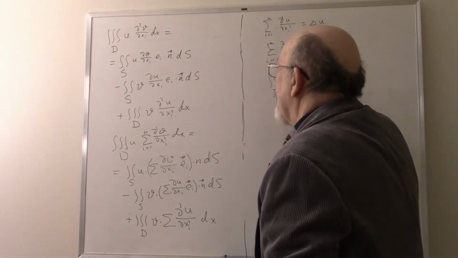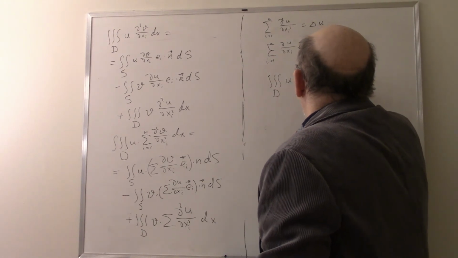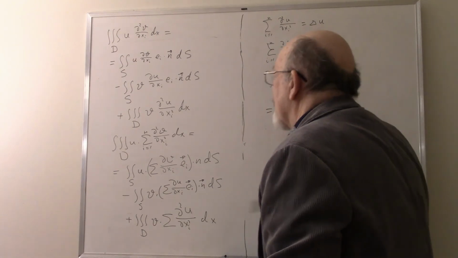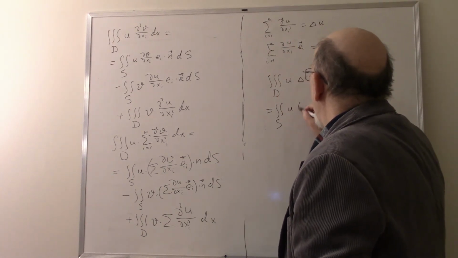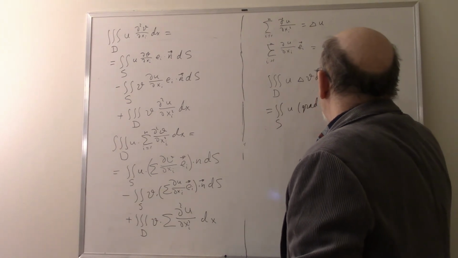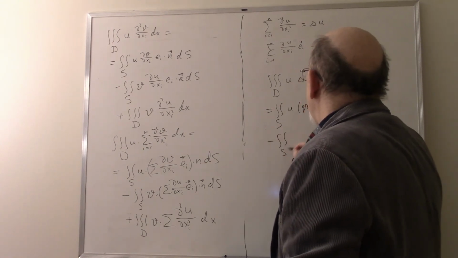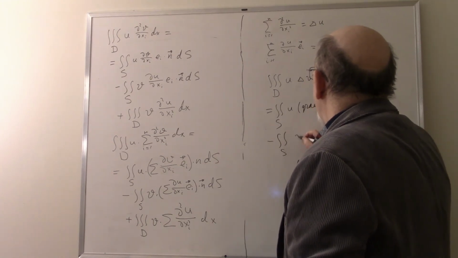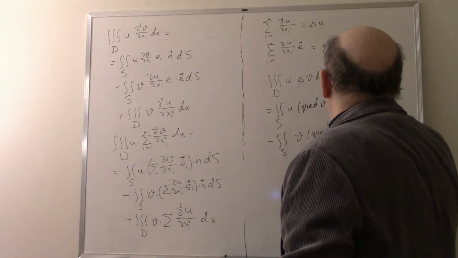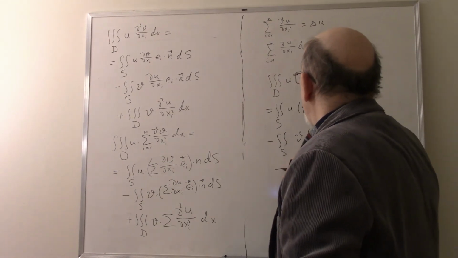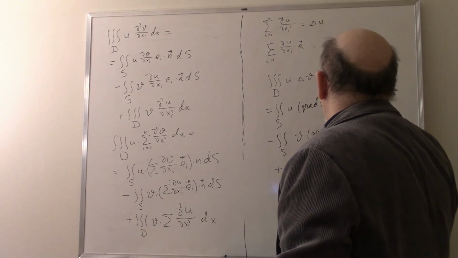The integral over D of u Laplacian v dx equals the integral over S of u gradient v dot n ds, minus the integral over S of v gradient u dot n ds, plus the integral over D of v Laplacian u dx.